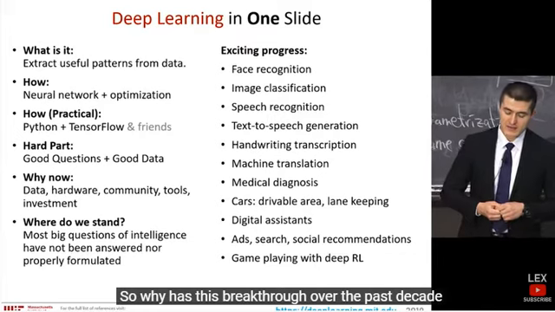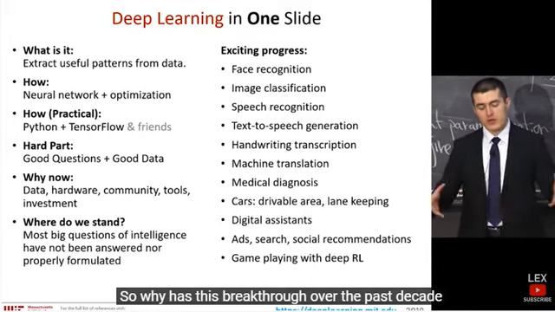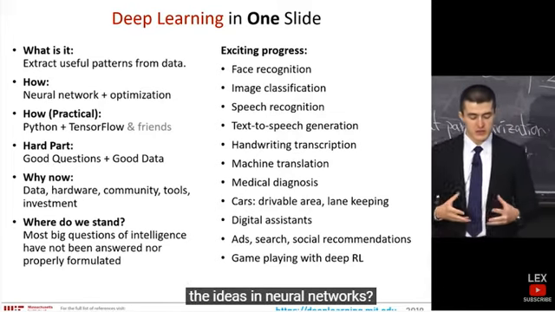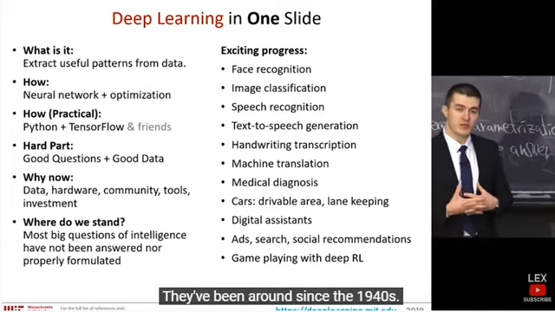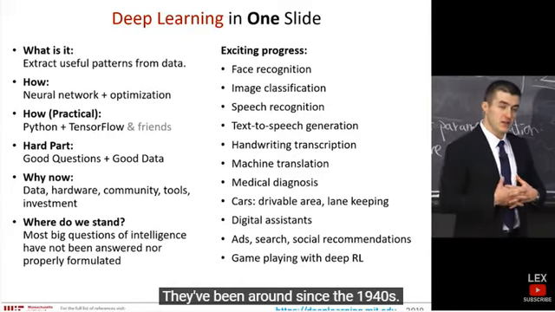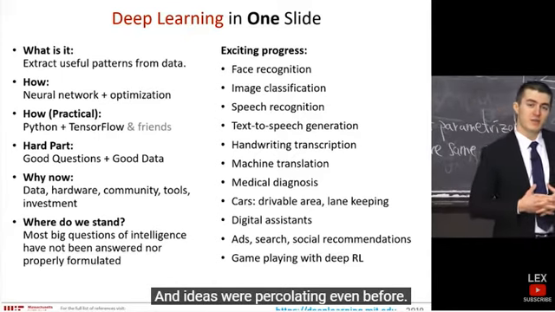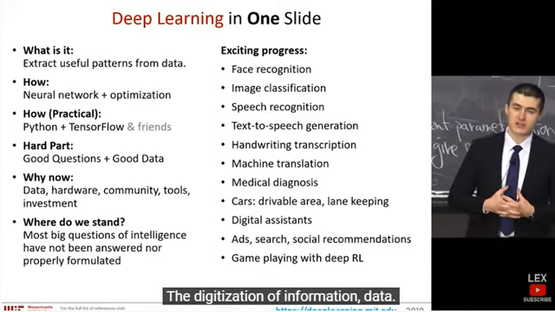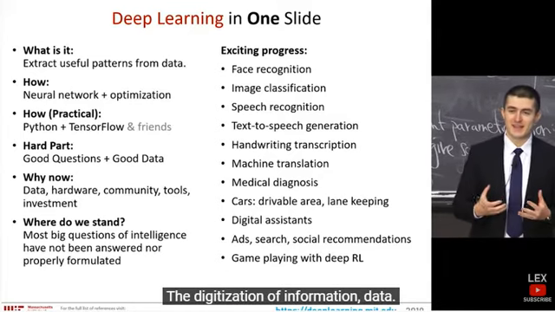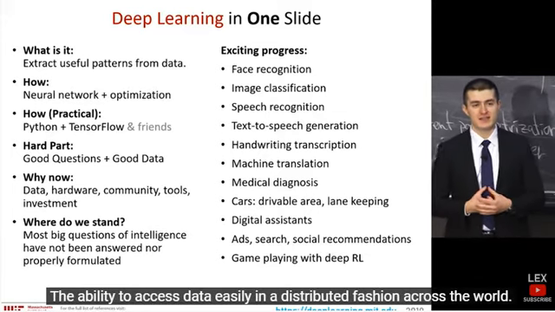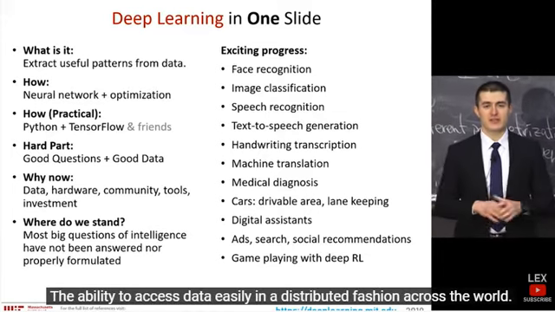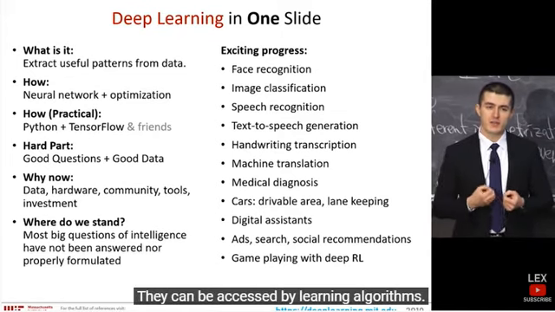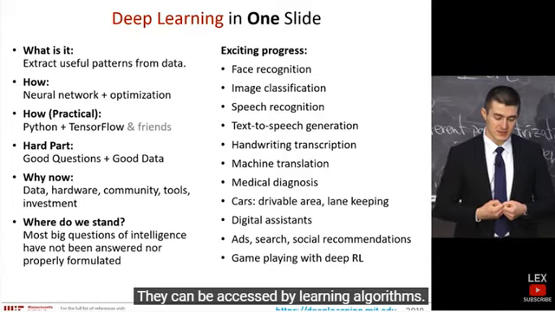So why has this breakthrough happened over the past decade in the application of neural networks, ideas that have been around since the 1940s, with ideas percolating even before? What has changed? The digitization of information, data, the ability to access data easily in a distributed fashion across the world. All kinds of problems now have a digital form that can be accessed by learning algorithms.